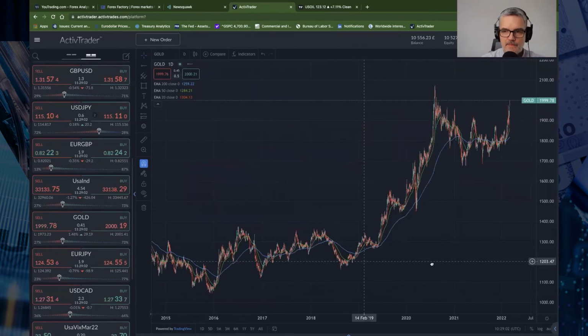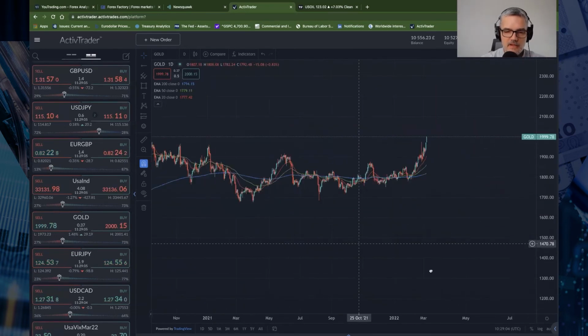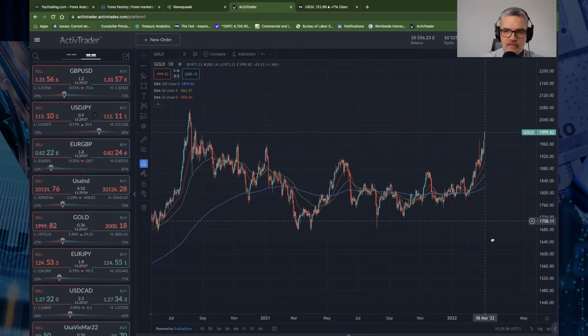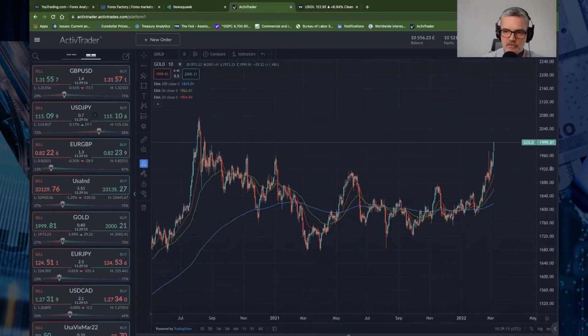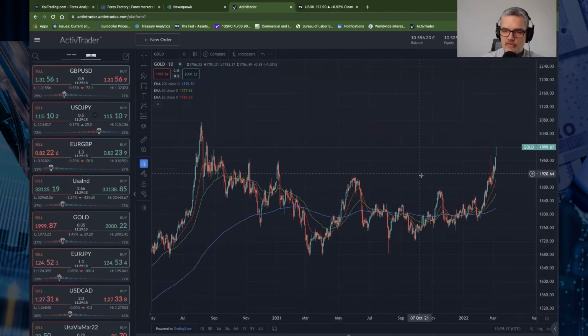Gold. In terms of safe haven, I'm not 100% sure why the store of value in gold is rising towards 2000. There's obviously a lot of gold bugs that have been waiting for this for a long time.